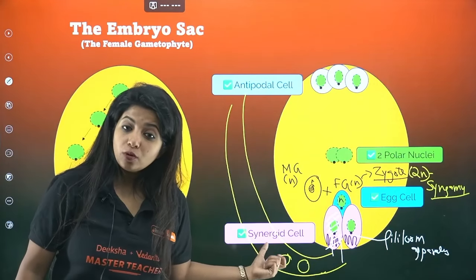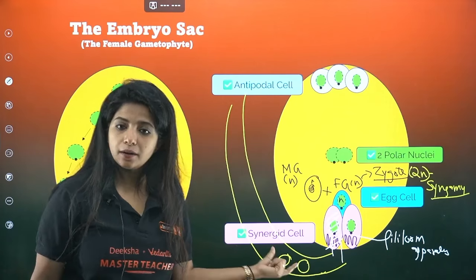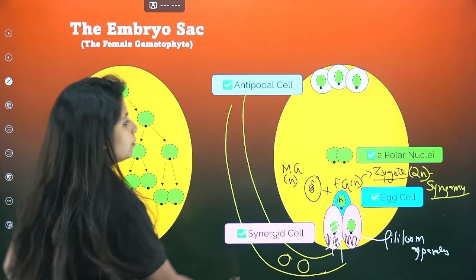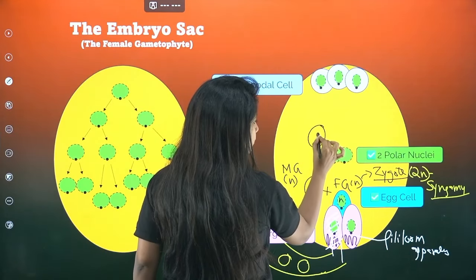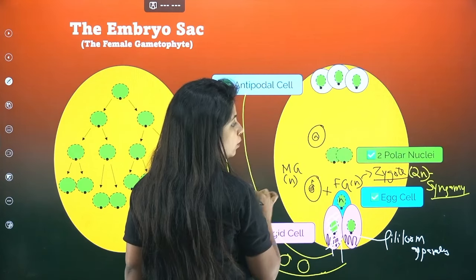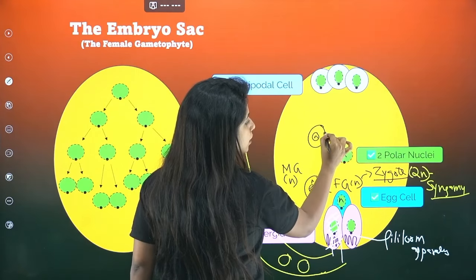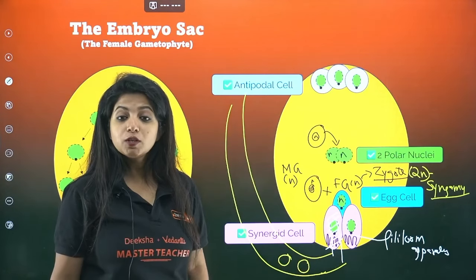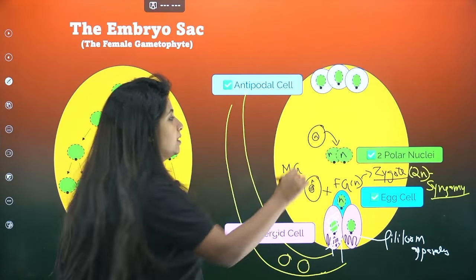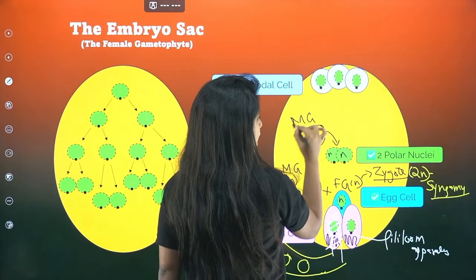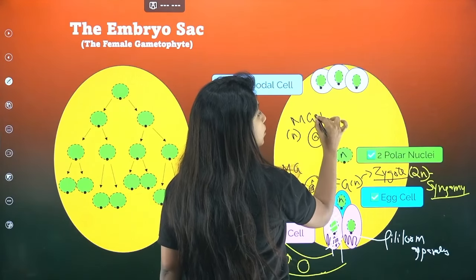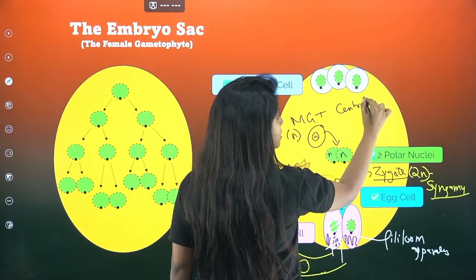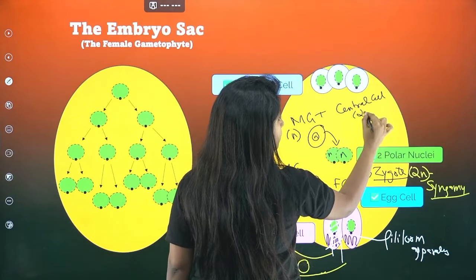Now, I told you one more male gamete is there. What happens to that? This male gamete comes with a haploid nucleus and fuses with the two polar nuclei, or basically the central cell. The second male gamete, having haploid number of chromosomes, fuses with the central cell, having diploid nature.